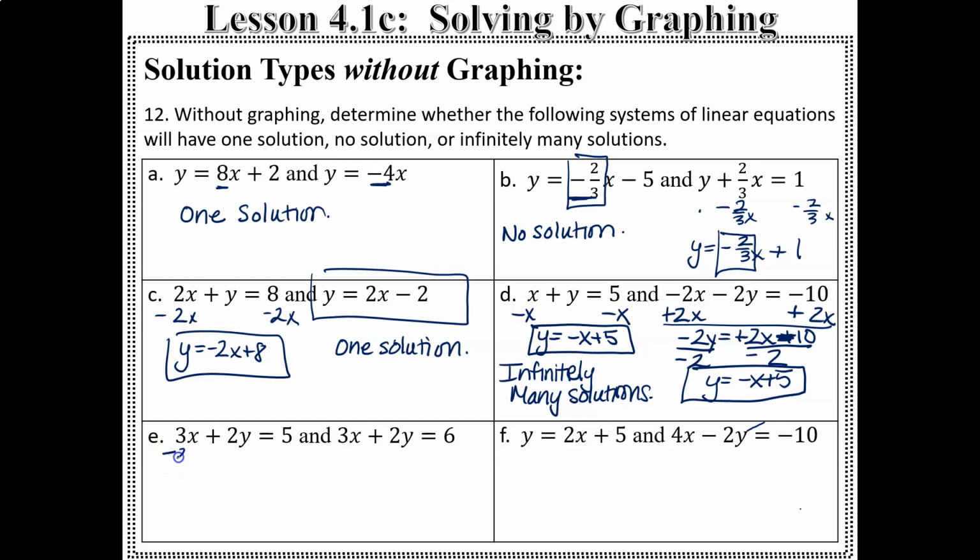Okay. E. I'm going to subtract 3x from both sides. So I have 2y equals negative 3x plus 5. I'm going to divide by 2. y equals negative 3 halves x plus 5 halves. Pretty fractiony.